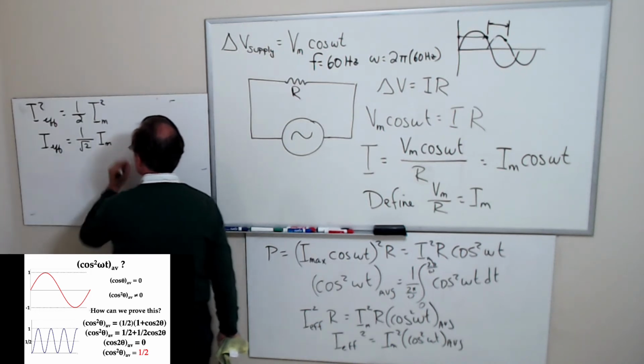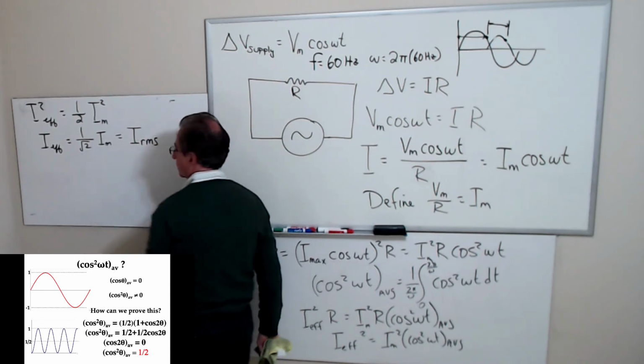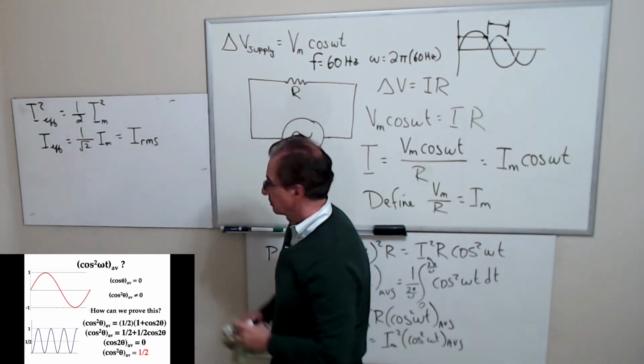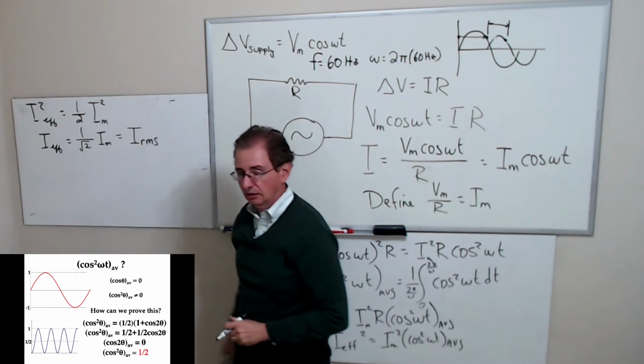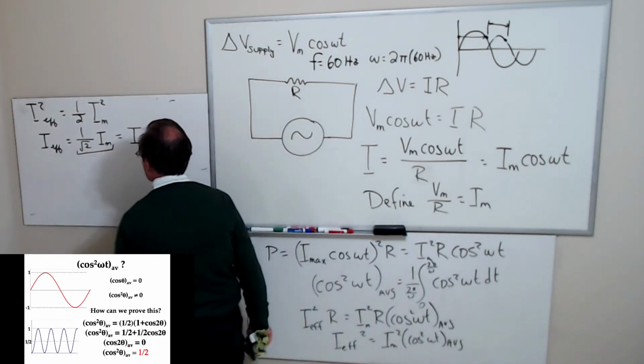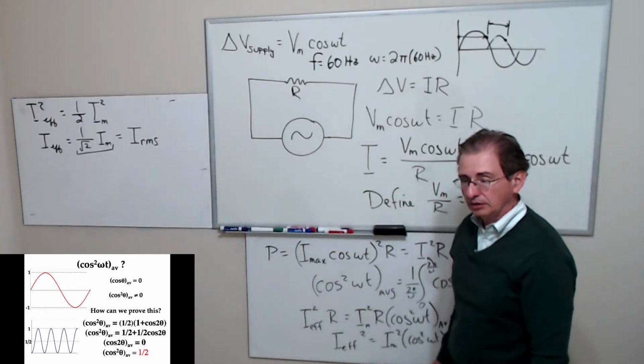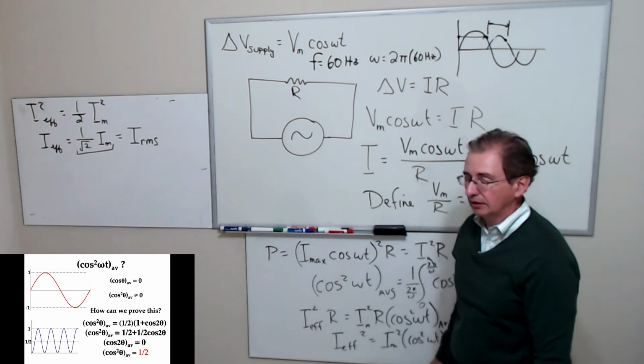We're going to call this the RMS current, the root mean square current. And this is what your multimeter measures.